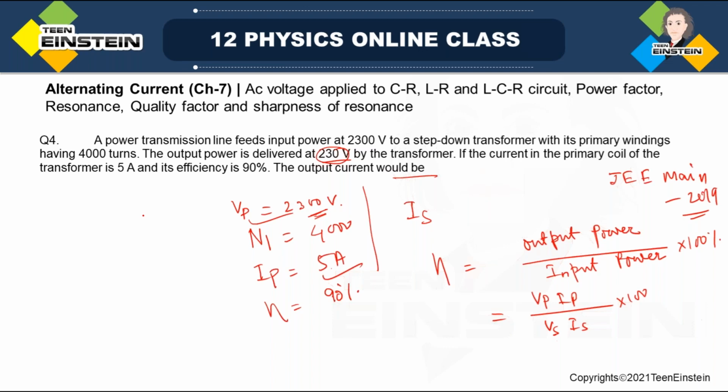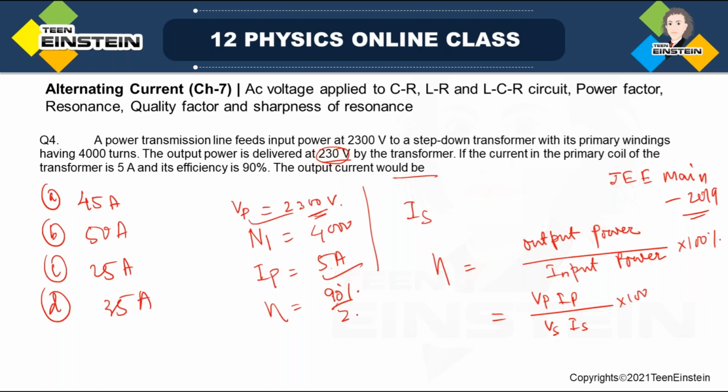The options were given as 45 ampere, second option 50 ampere, third option 25 ampere, and fourth 35 ampere.